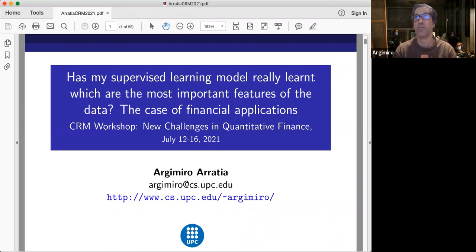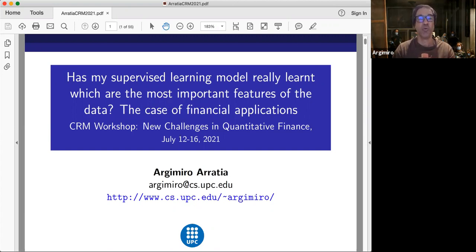We saw yesterday the talk of Christopher Rainsing here about using neural networks to help in finding the parameters of his stochastic differential equations, right?